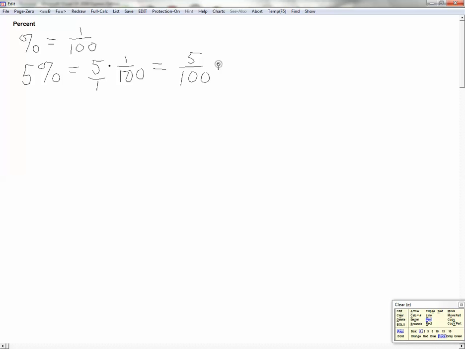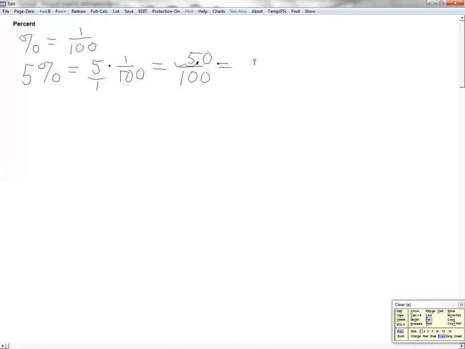And if we want to express that as a decimal, we remember that whenever we divide by 100, or whenever we divide by a 0, we take the decimal point, which is right here. You know, it's implicit. That's the decimal point. This is really 5.0. For every 0 here, we kick that decimal point one space towards the front.